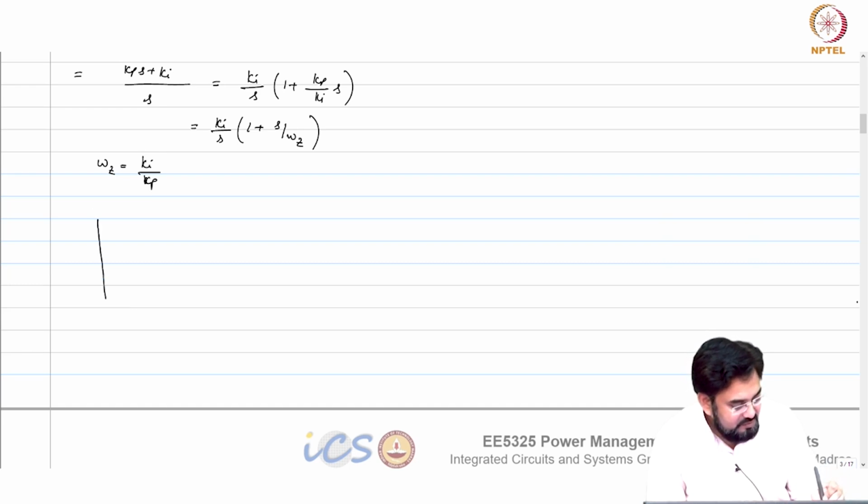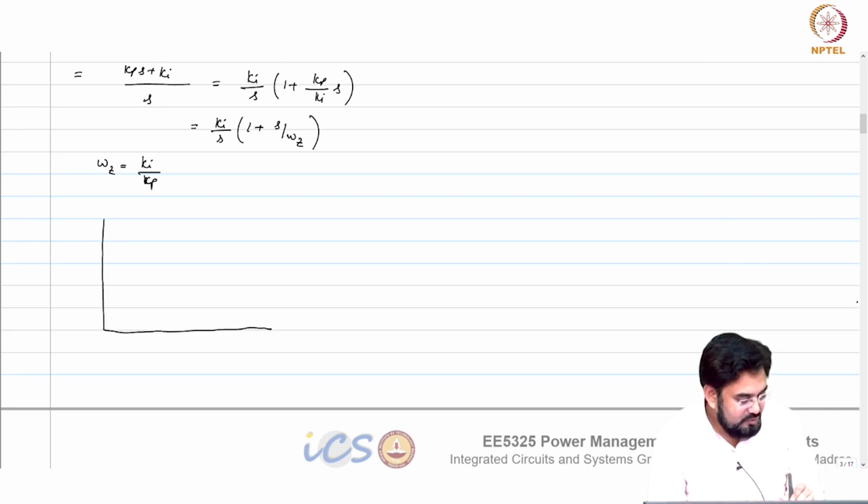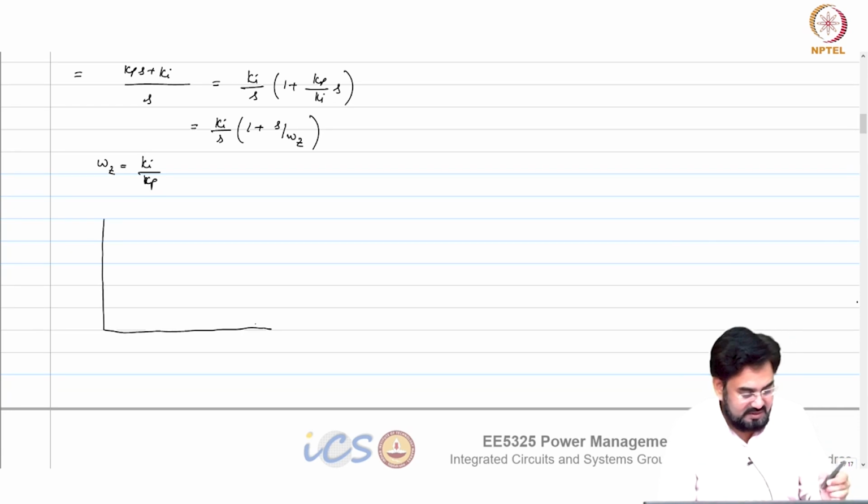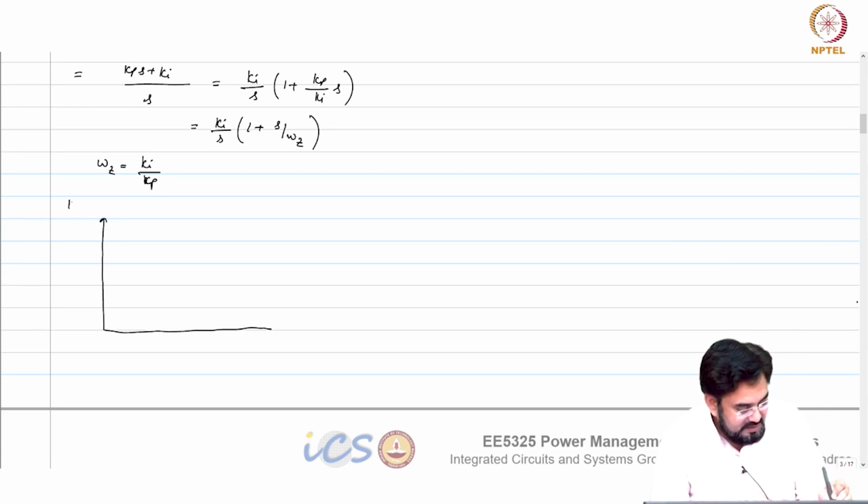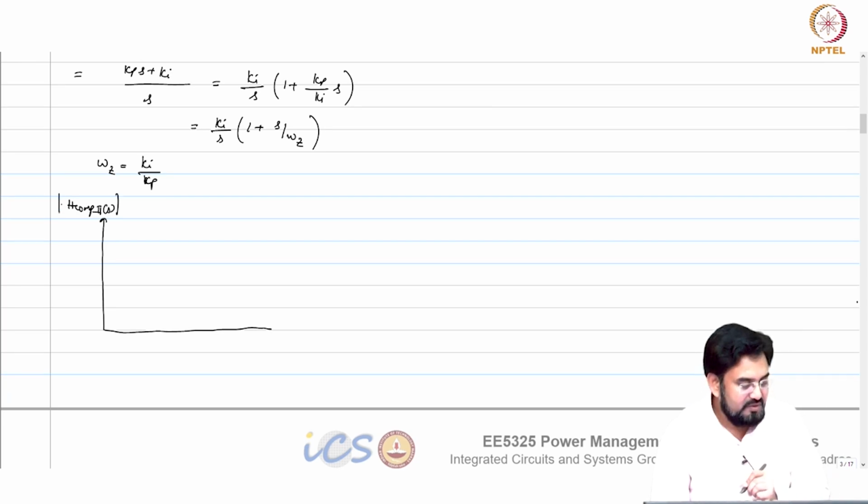So if I need to do the Bode plot, not the loop gain but just the compensator, so H comp 2's magnitude, how will it look like?